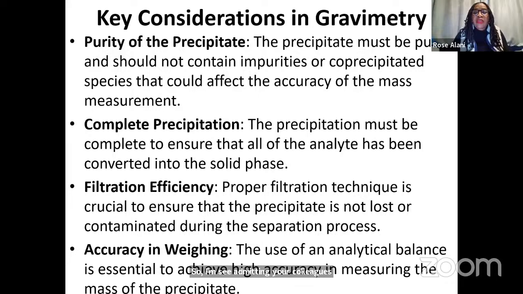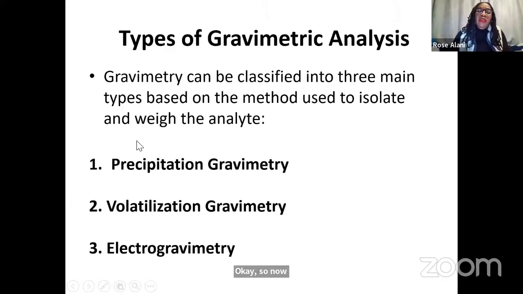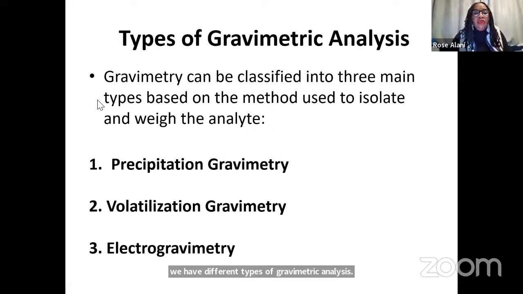Okay. So now the next thing is, we have different types of gravimetric analysis. I mentioned to you before, we have precipitation gravimetry, we have volatilization gravimetry, and we have electrogravimetry.